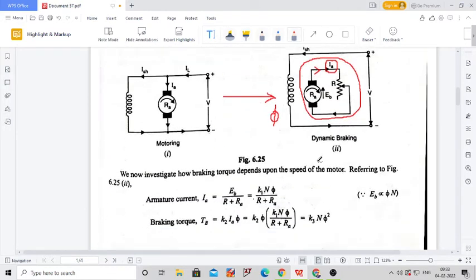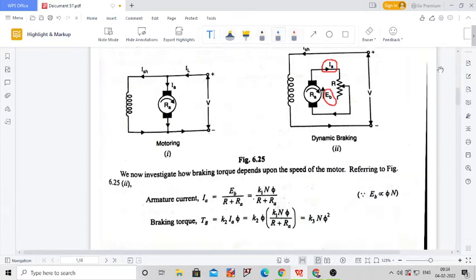Now what will be the value of current flowing through the armature during the braking period? The current flowing through the armature winding is Ia. The EMF induced inside the armature is the back EMF Eb. What is the resistance of this armature circuit?